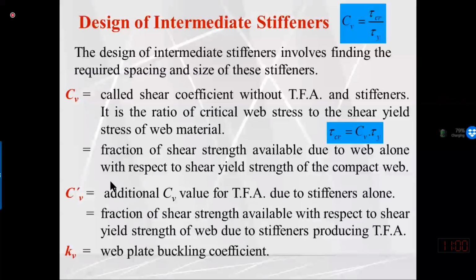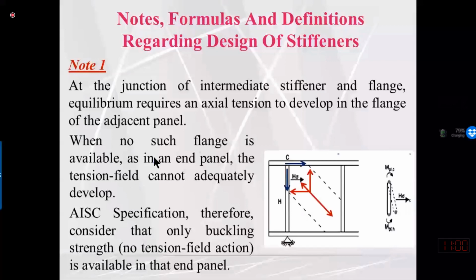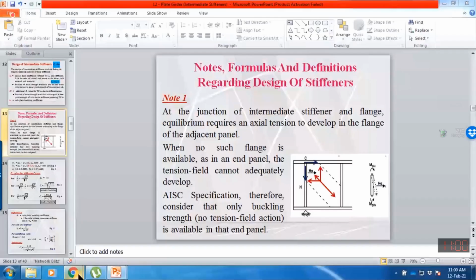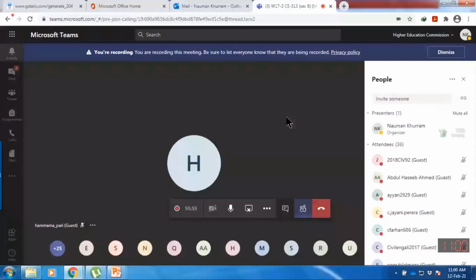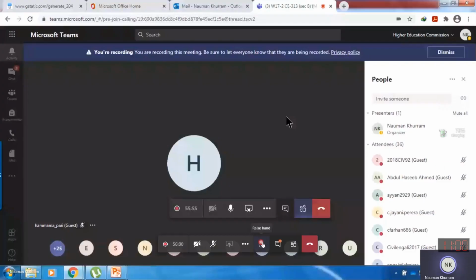So before explaining this, I think it is better to have the break at this time. So please raise the hand all the students who are present at the moment. There are total 36 students present. Please raise your hand.